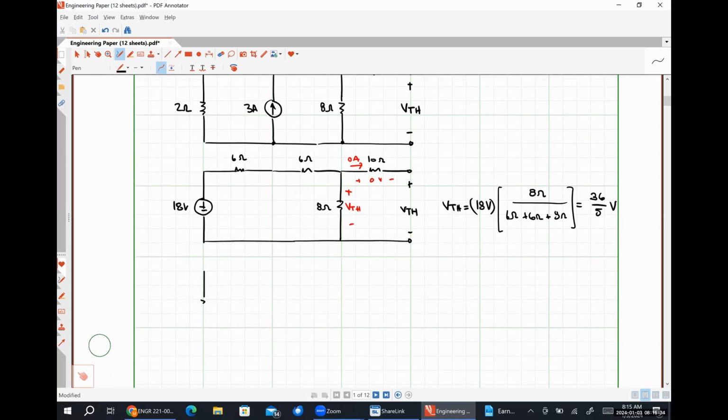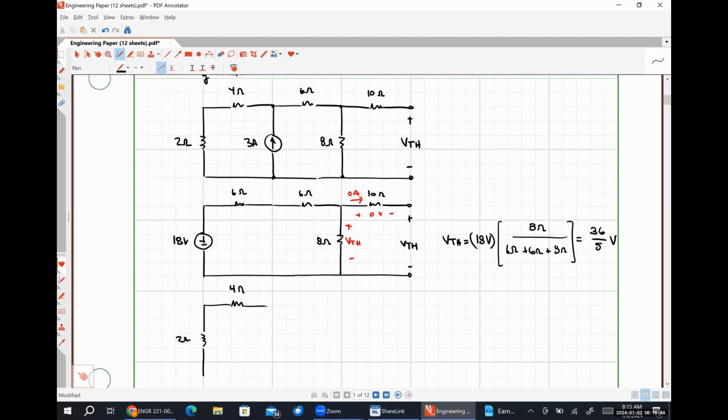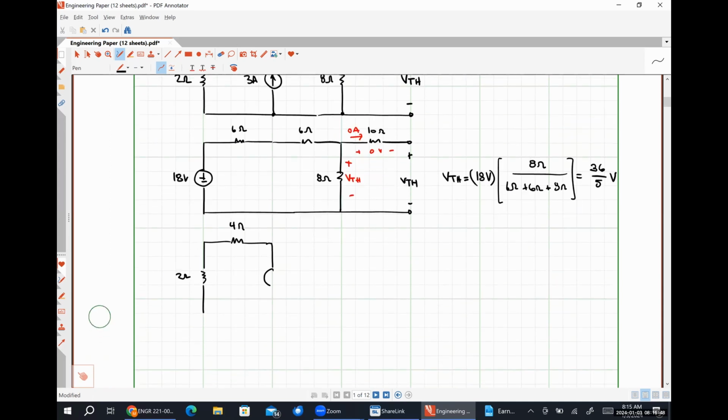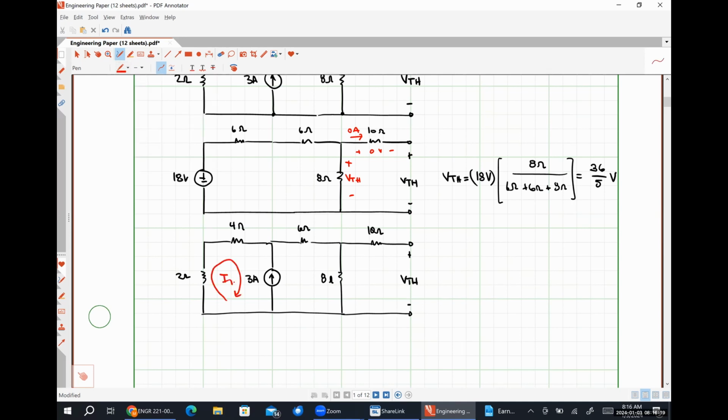So going back to our original circuit, I'm going to define this to be mesh 1, this to be mesh 2.